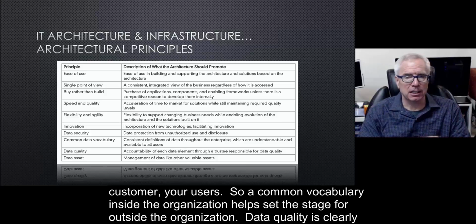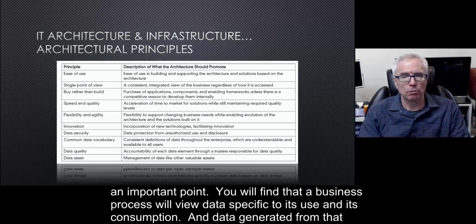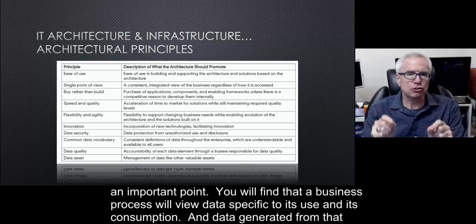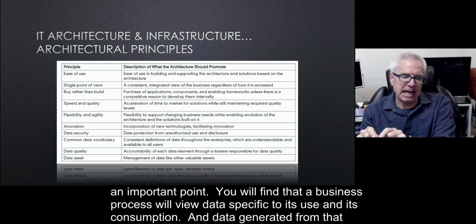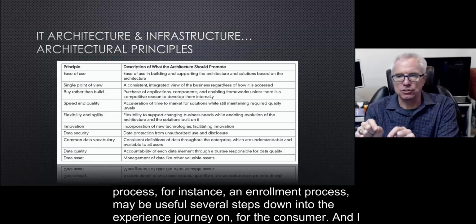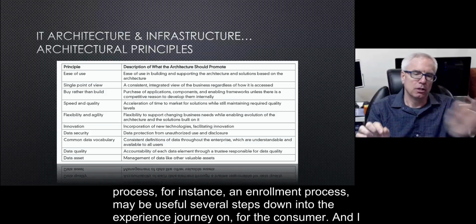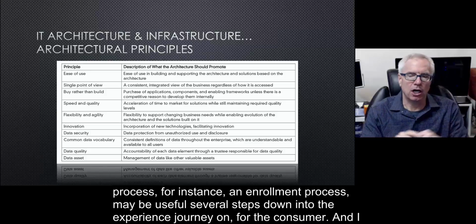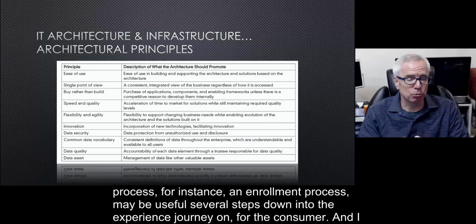Data quality is clearly an important point. You will find that a business process will view data specific to its use and its consumption. And data generated from that process, for instance, an enrollment process, may be useful several steps down into the experience journey for the consumer.